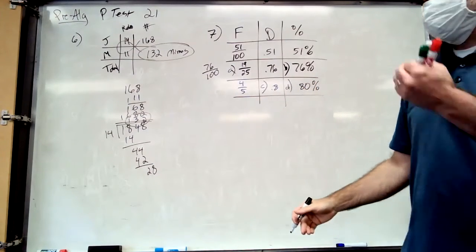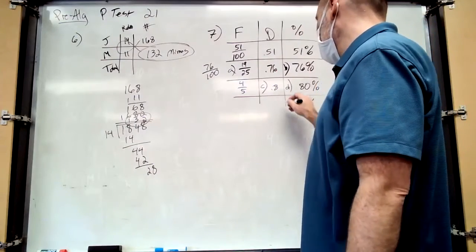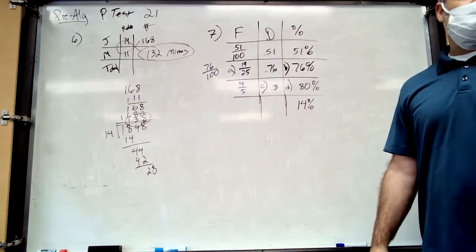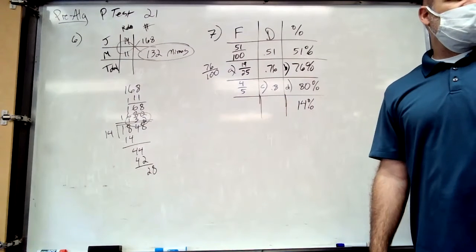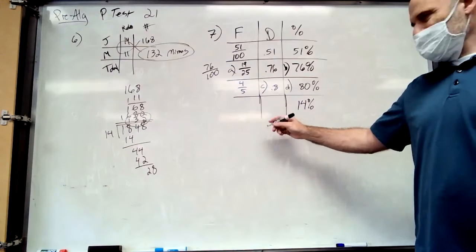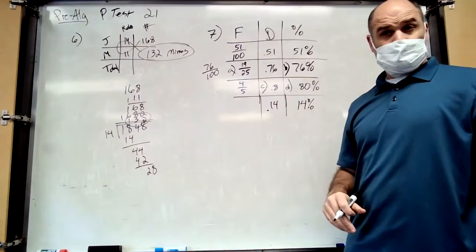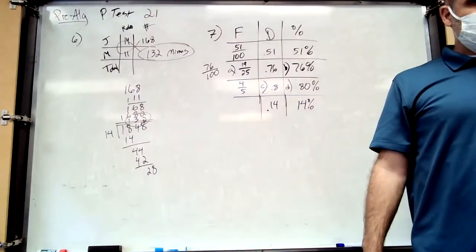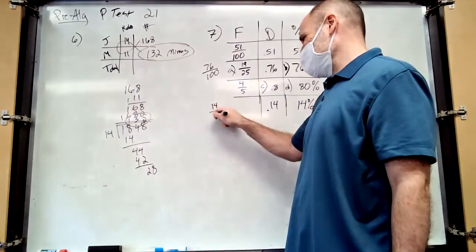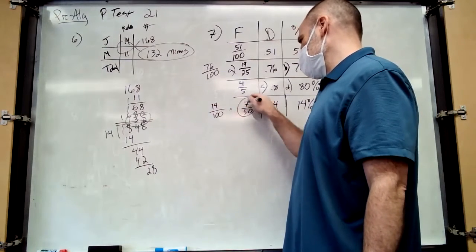Okay. All right, now we're going to write the fraction version and the decimal version of 14%. Which one's easier? Doesn't matter, but what's the decimal version of 14%? 0.14. Now, how do you say this as a fraction? 14 over 100. Yep, and that's a good start because you can reduce it. 7/50ths.